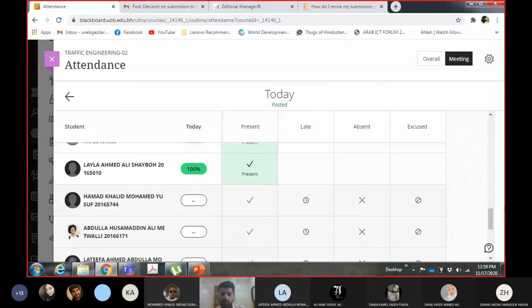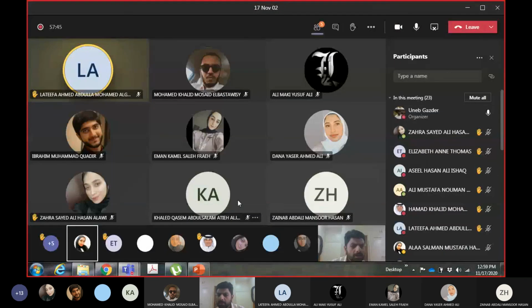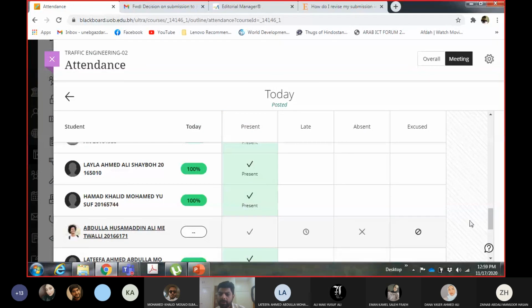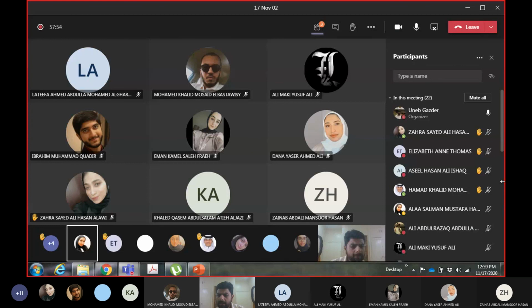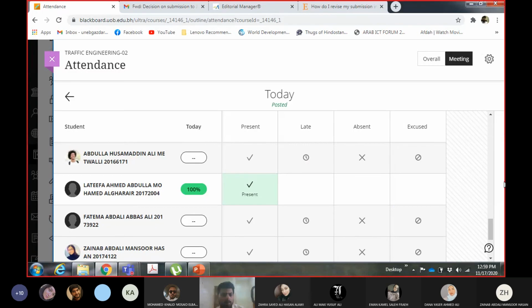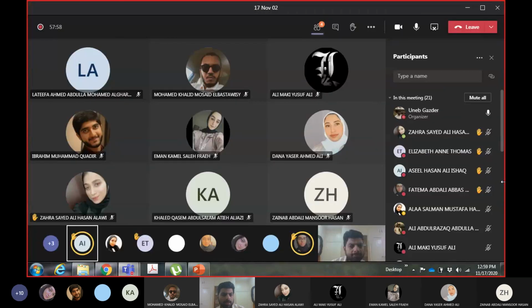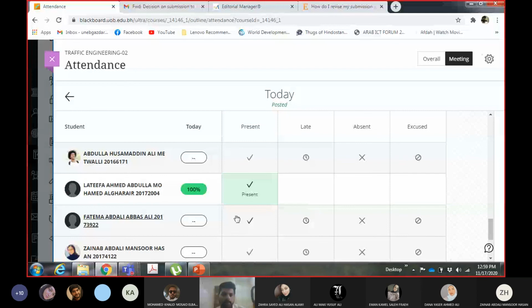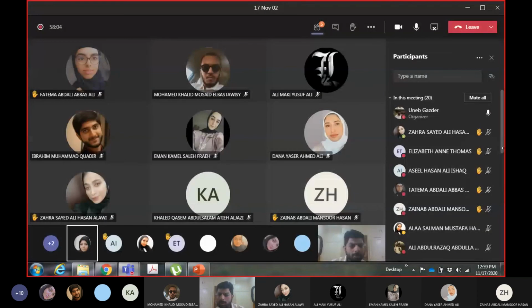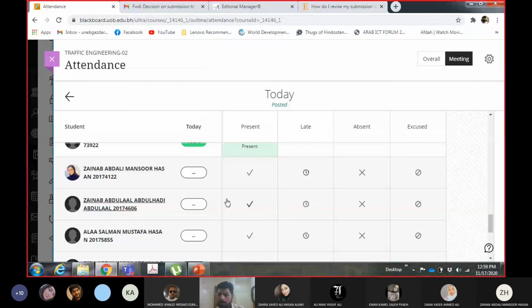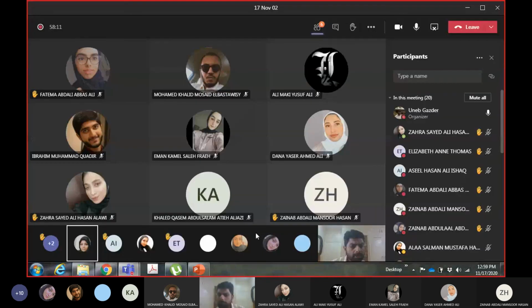Abdullah Usamuddin. Ahmad is here. Latifa is here. Fatma Abdali. Zainab Abdali. Fatma is here. Zainab Abdali and Zainab Abdul Al. Zainab Abdali is here. Zainab Abdul Al is here. Ala Salman.